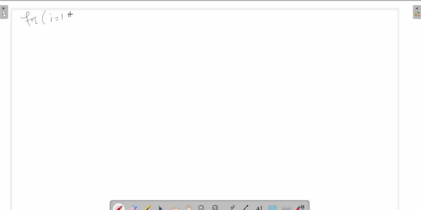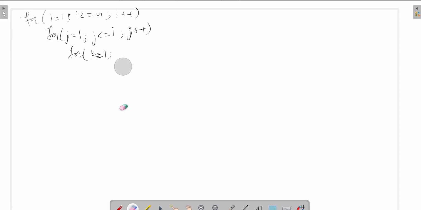So this loop starts with 1 and goes all the way to n, and then we have j goes all the way to i, and then we have j plus plus, and then we have... Okay, I think this should be k. k goes to j, and then k plus plus, and then we have a statement here.